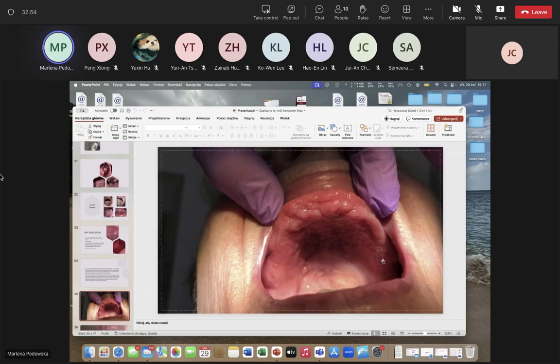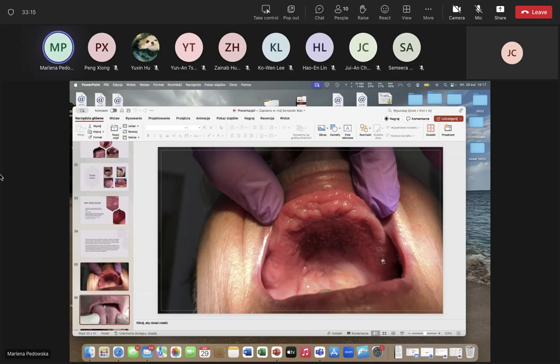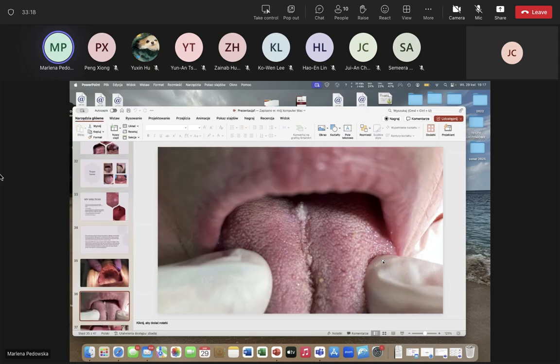Here you have a clinical picture of a patient who has multiple lesions on the palate, and it's called papillomatosis of the palate. It's related with the HPV infection. Usually these are the benign types, but usually with edentulous ridges we have this type of infections. Here we have a single infection located on the tongue.